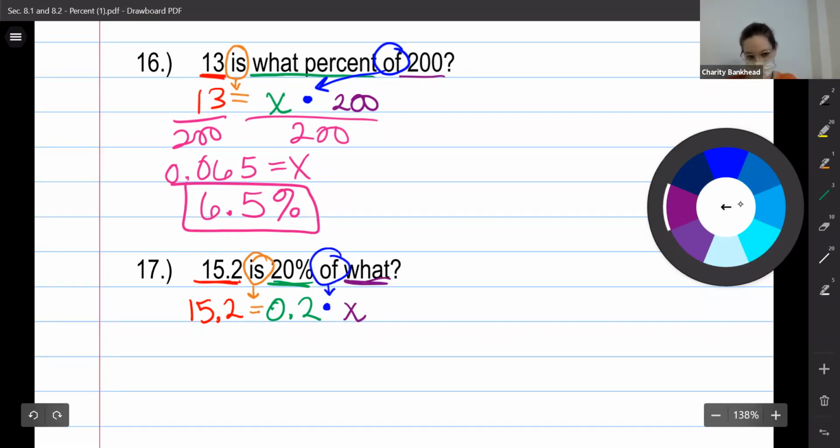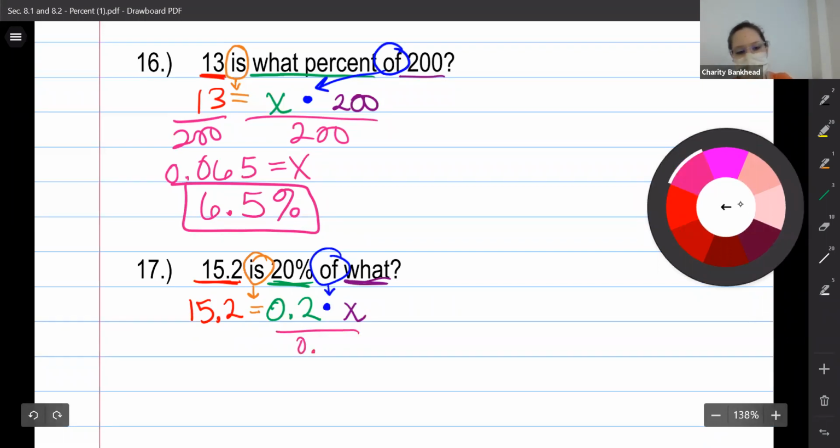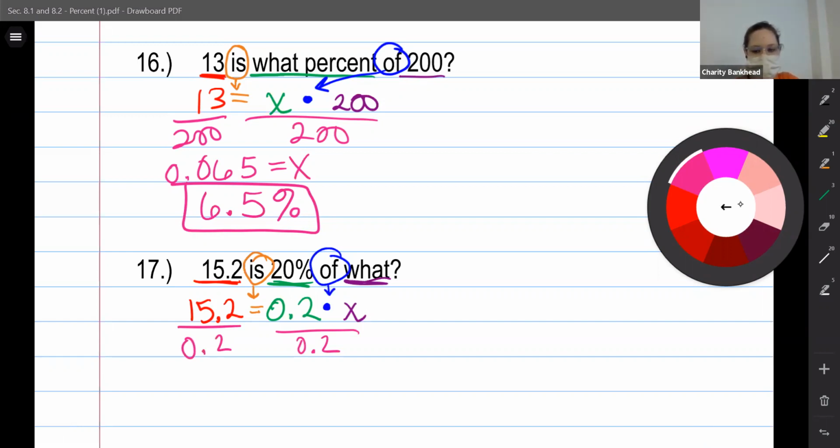So 15.2 equals 0.2 times x. And then to solve, we just need to divide both sides by 0.2. So 15.2 divided by 0.2 equals 76.